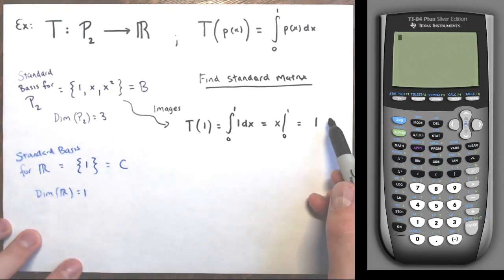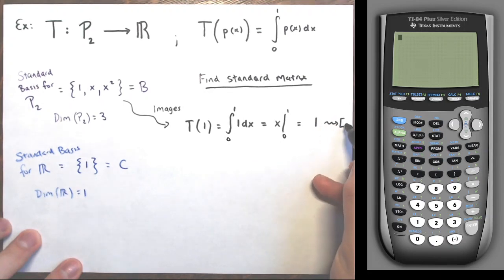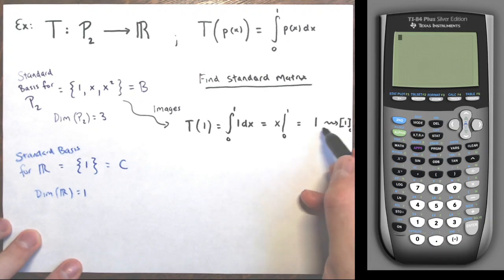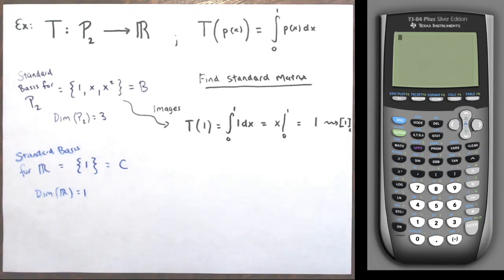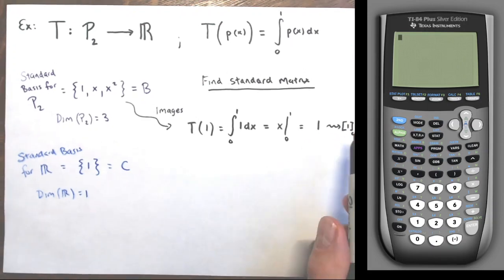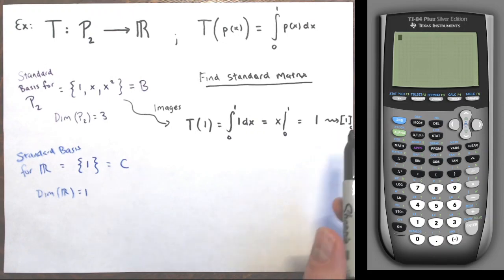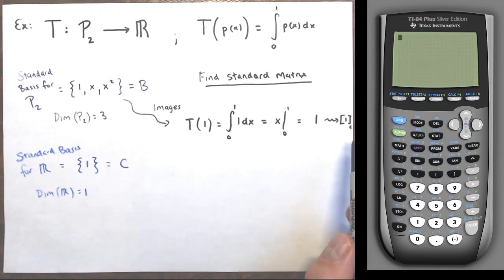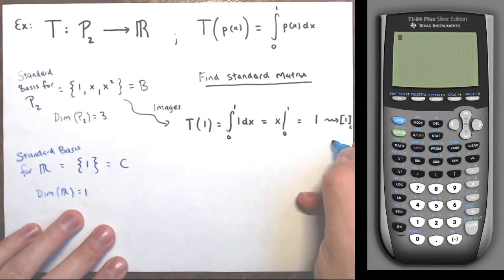When you translate this to coordinates, it would just be 1 with respect to C. 1 times 1 is 1. Simple as that. So this column here with the number 1 is the first column of the standard matrix.